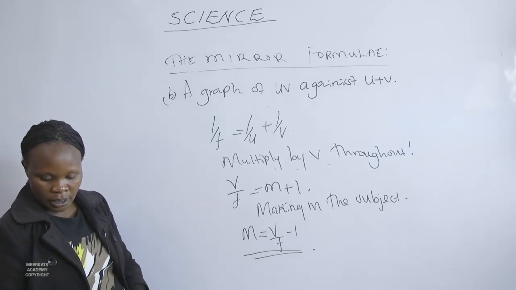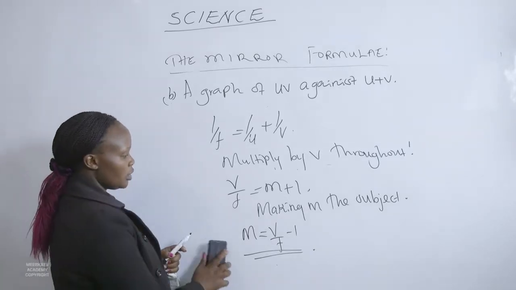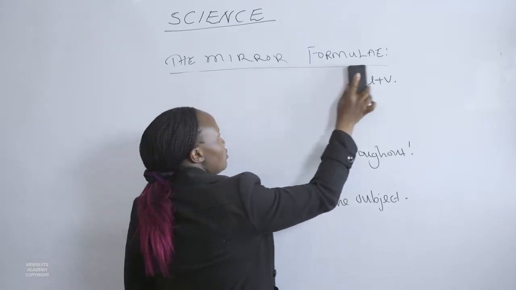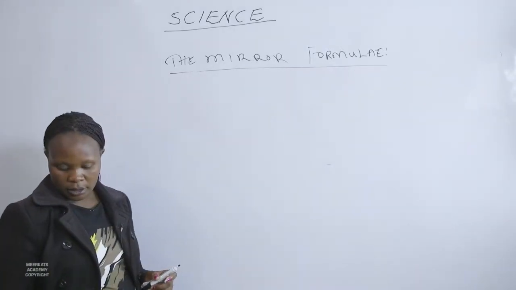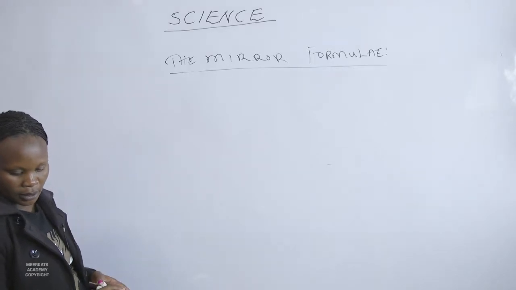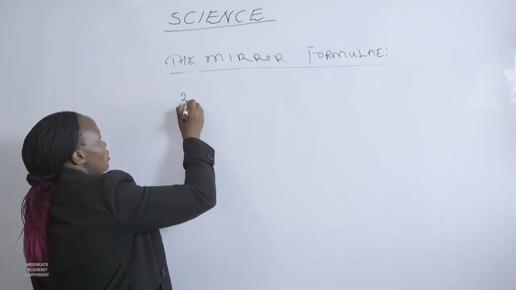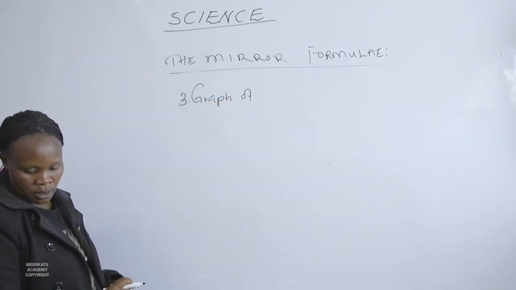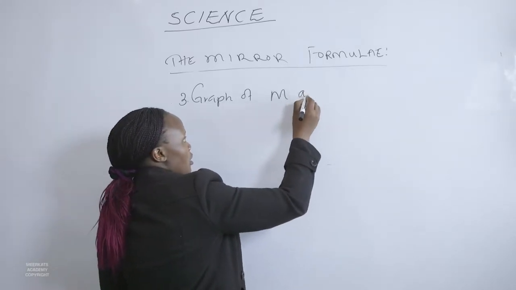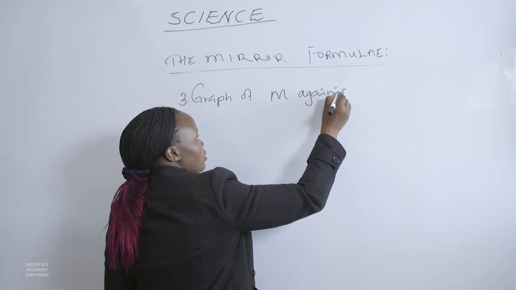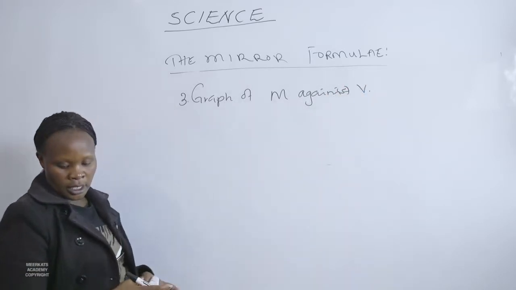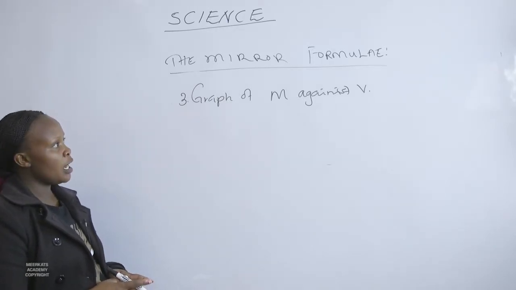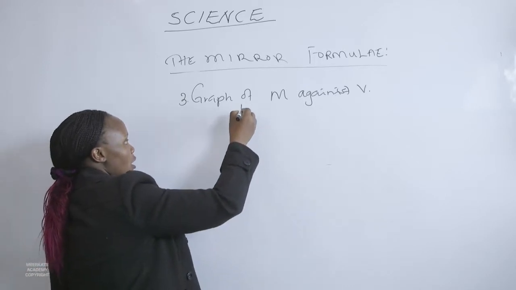Now, the last graph that I want us to look at is that one, M against V. And again we will get a straight line.